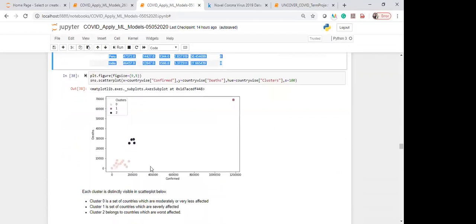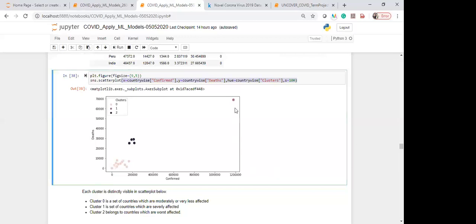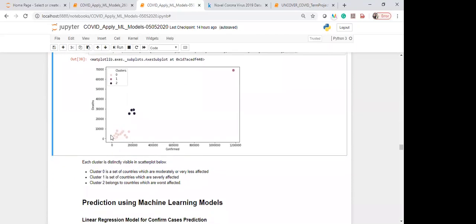Here is the picture of it. These clusters are moderately affected, severely affected, and worst affected.